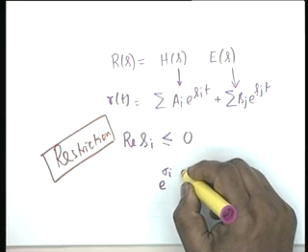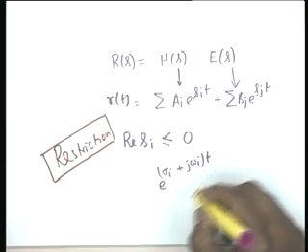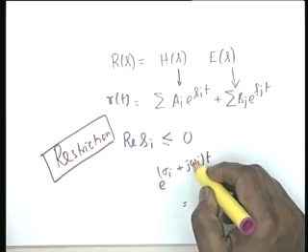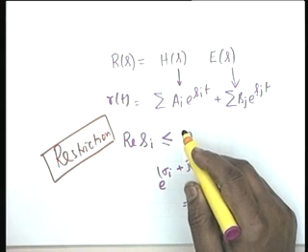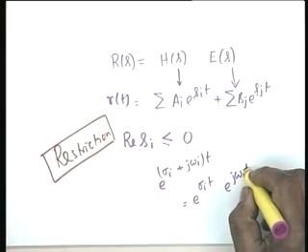Now this can be supported by physical concepts like this, that S sub i's represent natural frequencies, and therefore the natural response or the complementary function shall contain terms like e to the sigma I plus j omega I multiplied by t, that is sigma I plus j omega I is Si, it is a real part and an imaginary part, that is e to the sigma I t e to the j omega I t.